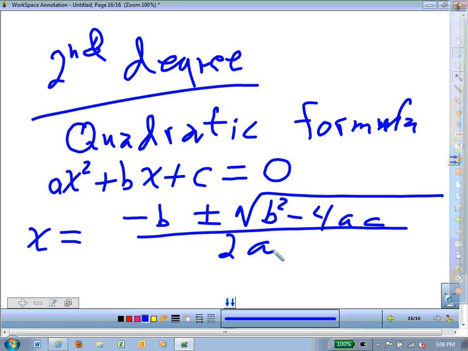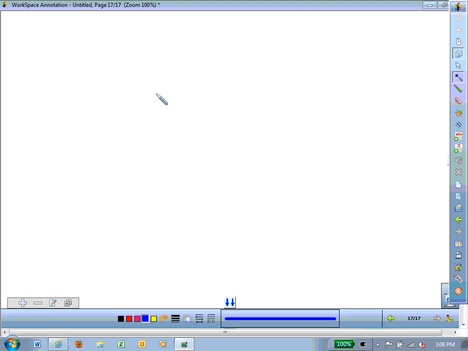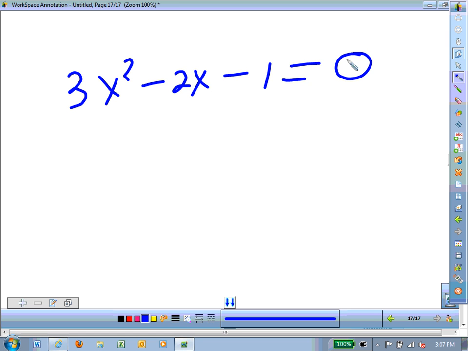There are some quadratics that, if you played with them, can be simpler because you don't have to simplify that expression. So if I had 3x squared minus 2x minus 1 equal to 0, I can solve.